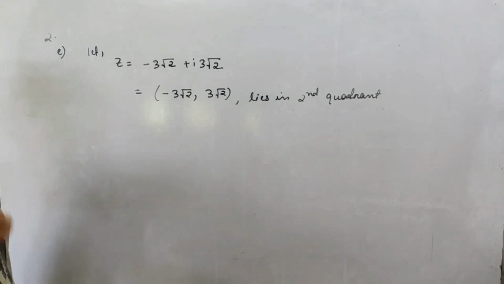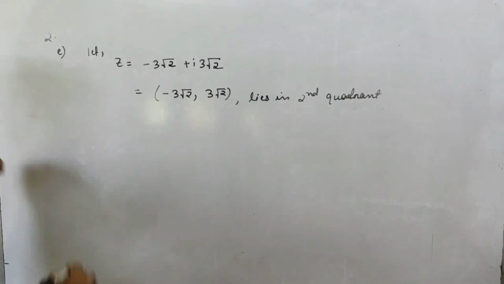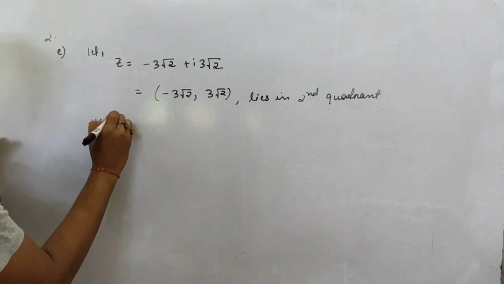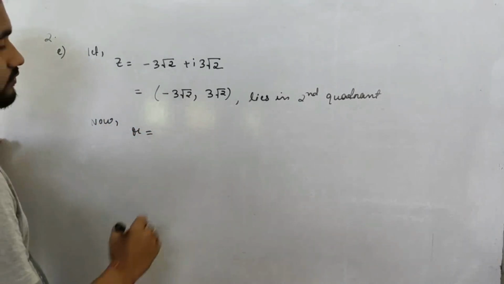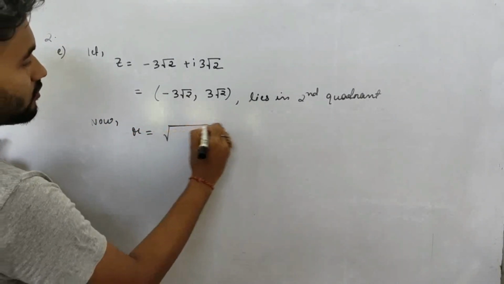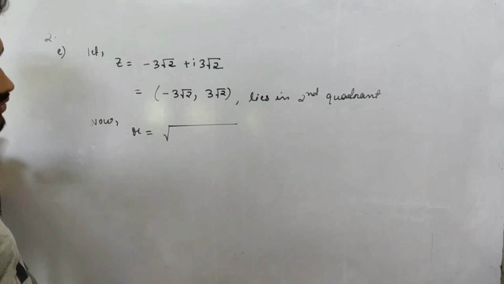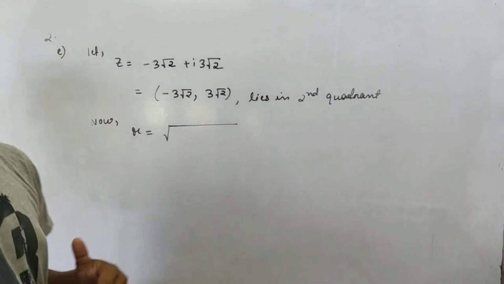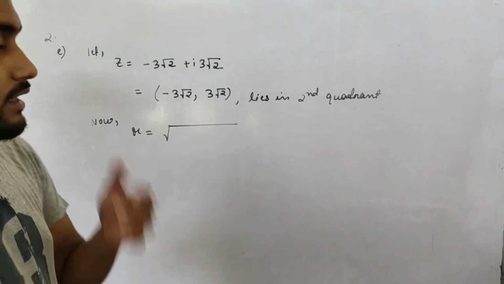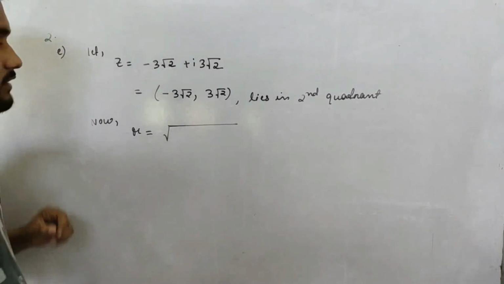What is R? R is the modulus of Z, right? I have to find the modulus of this. So R will be equal to the modulus of Z, that is root over x square plus y square. Means if the complex number is x plus iy, then it will be root of x square plus y square.